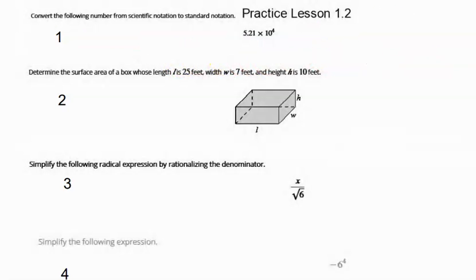Okay, let's go on. Now in number 2, the surface area of a box, not the volume, the surface area. Now they're not giving us a formula, so we have to make up our own formula. Well, notice we have a top and a bottom. That's going to be 2 times length times width.